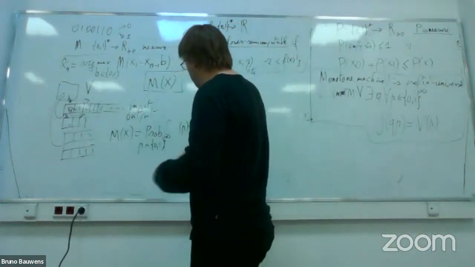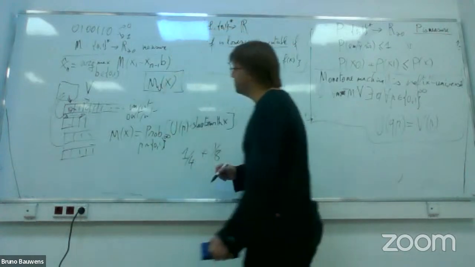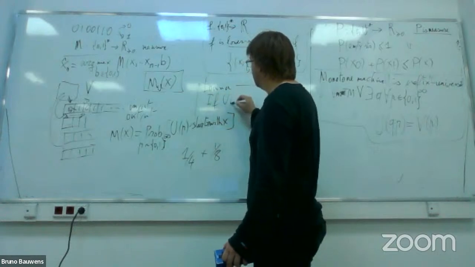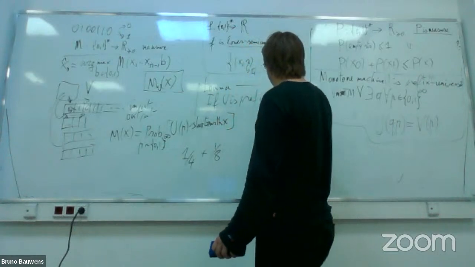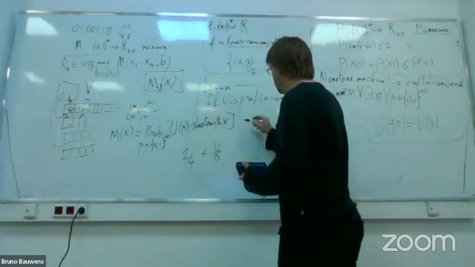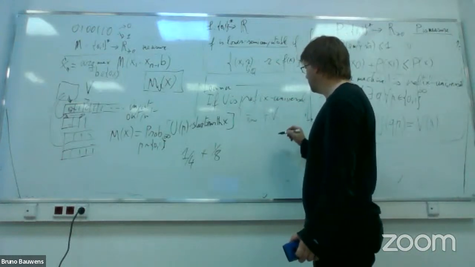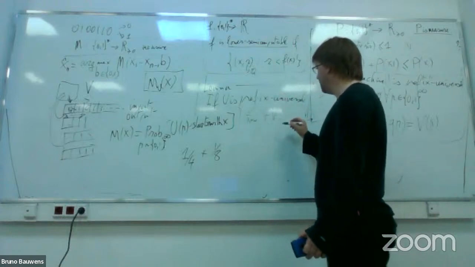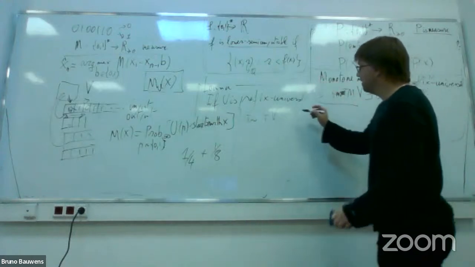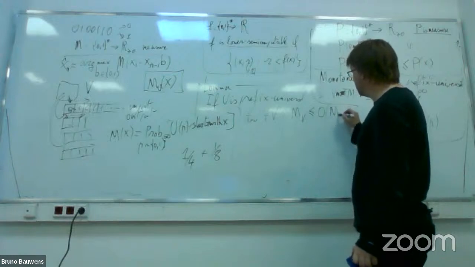So let us now use the universal machine here. I will use an index, and here the lemma: if U is prefix universal, then for every V we have that M_V is bounded by big O of M_U.